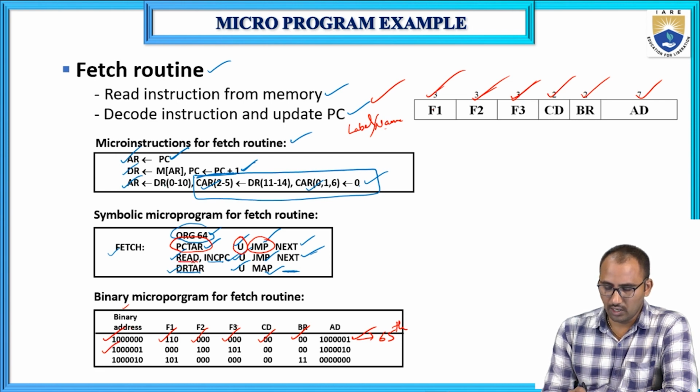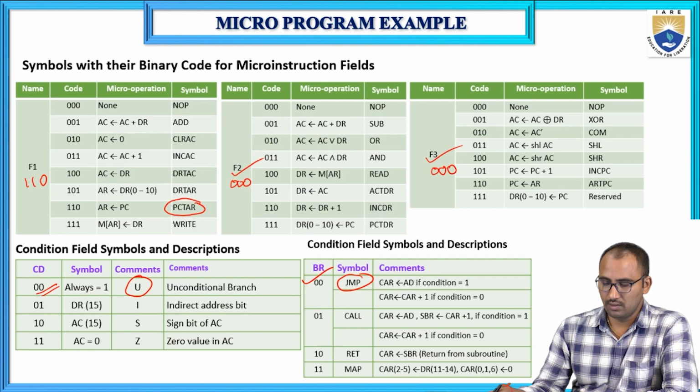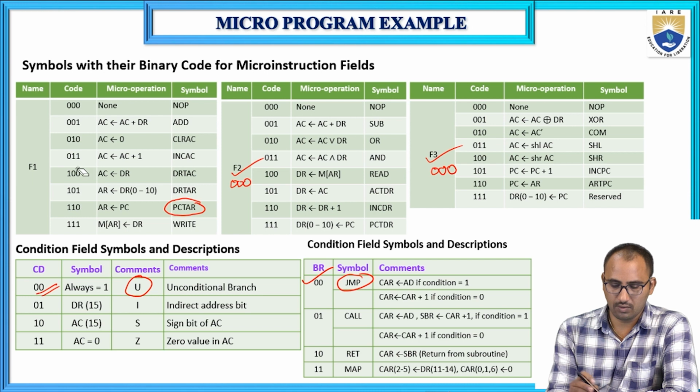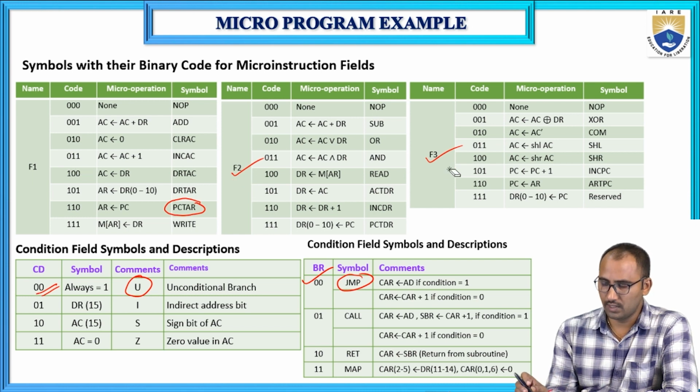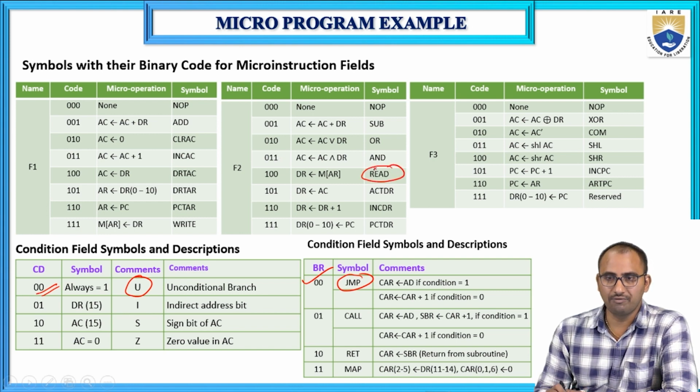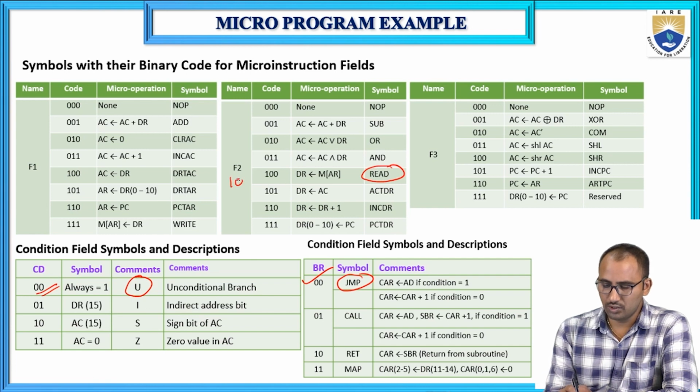Next, the read operation. Read. So where is read here? Read is not in the first field. See here. So the corresponding bits in the F2 field are 1, 0, 0.